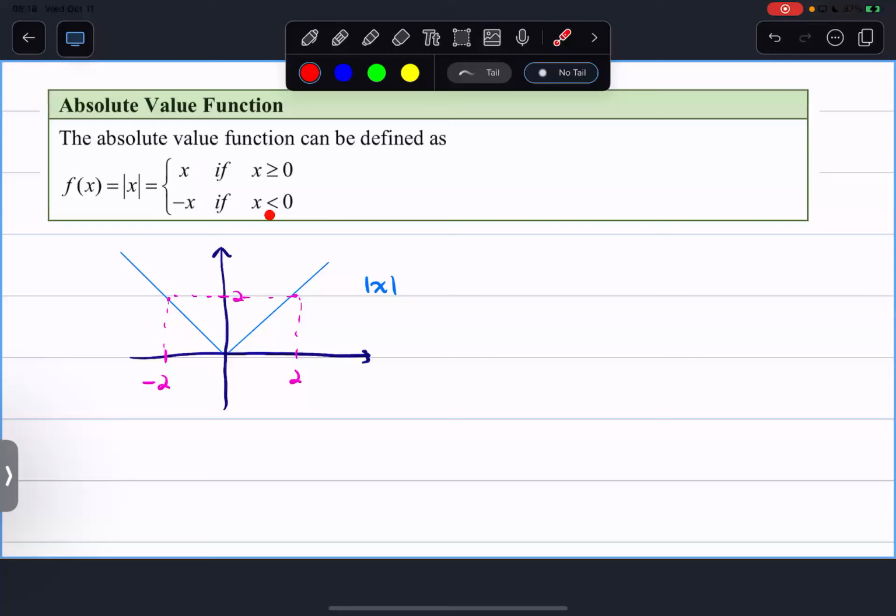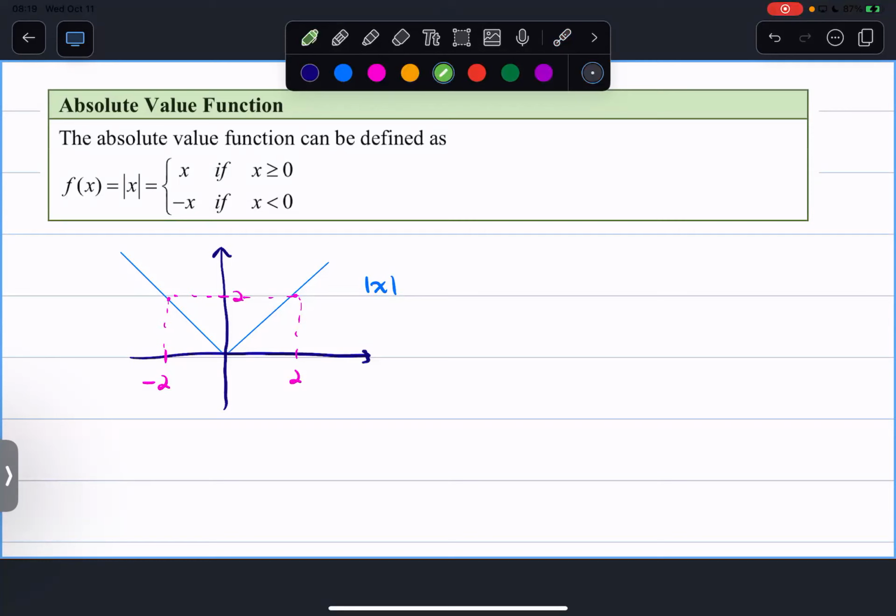Whereas if x is less than 0, like we saw here, then what does it have to do? It has to do -2, right, in order to turn it positive. So usually when we introduce the absolute value function, we just say, oh, just drop the negative, right? But technically what you're doing is you're negating negative values to turn them into positive values, right?